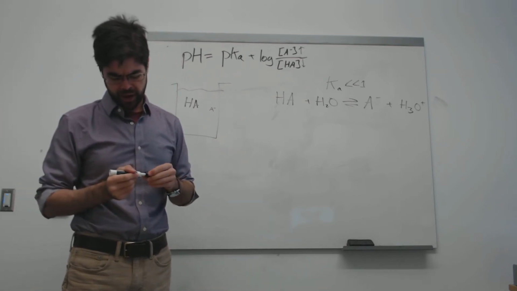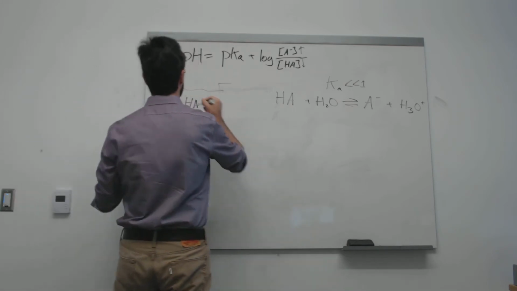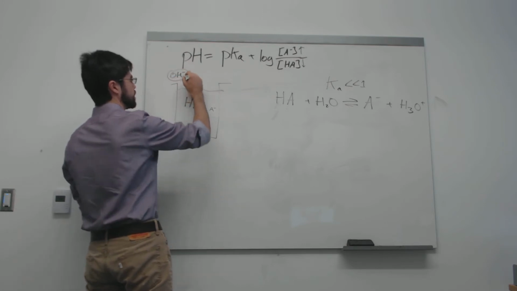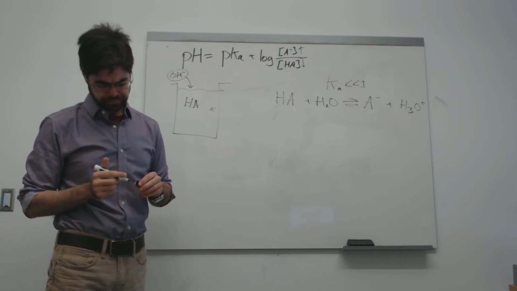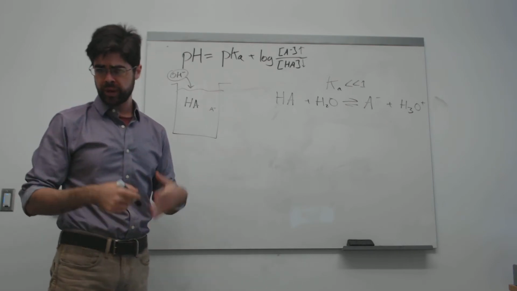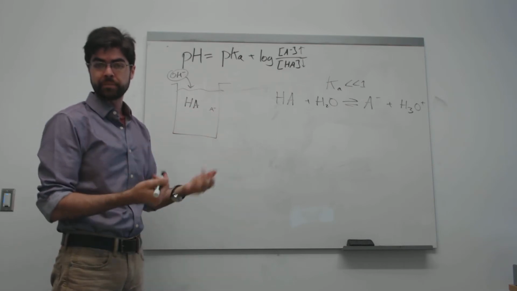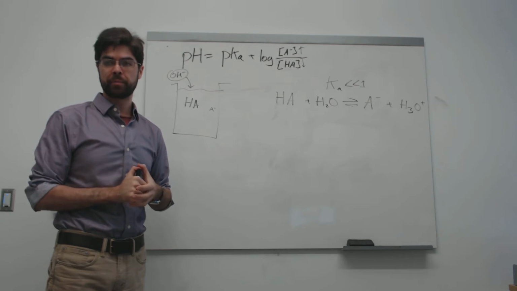And so my question was, what happens if you add sodium hydroxide? If I add sodium hydroxide, how does that create a buffer? So generally speaking, a buffer needs to have weak acid and its conjugate base present. Those are the components of a buffer.